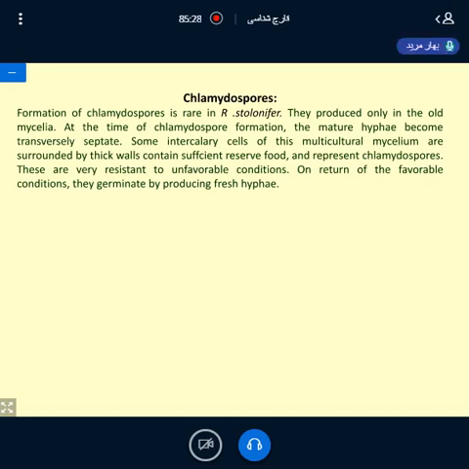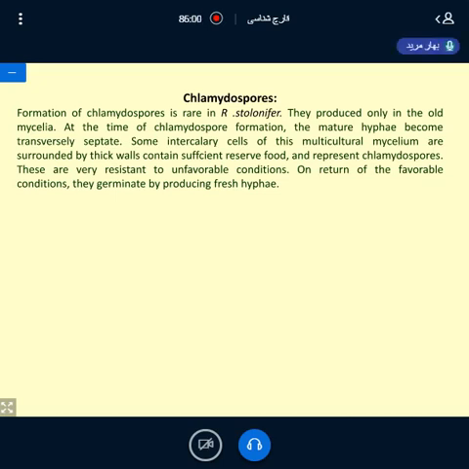Chlamydospores are rare in Rhizopus stolonifer. They are produced only in old mycelia. At the time of chlamydospore formation, the major hyphae become transversely septate. Some intercalary cells of this multicellular mycelium are surrounded by a thick wall, contain sufficient reserve food, and represent chlamydospores.